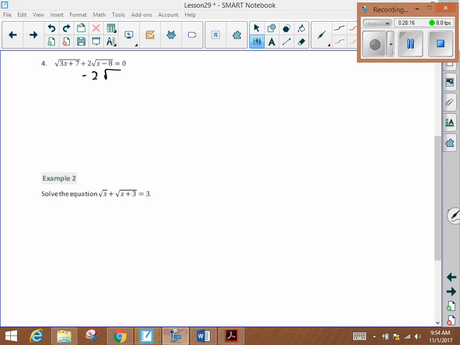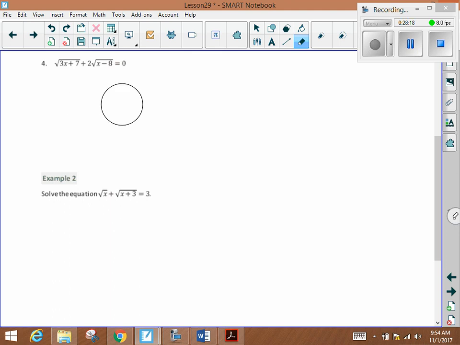I am going to go ahead and subtract this from both sides. Sorry, it's 2 square root x minus 8. So then I get the square root of 3x plus 7 equals negative 2 square root x minus 8.